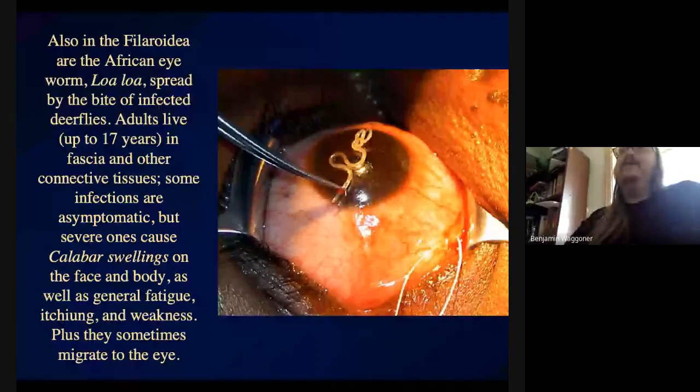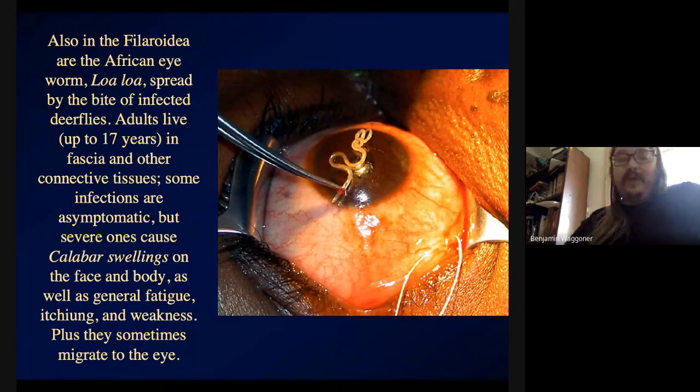Familiar if you've ever sliced up raw meat or something like that. Severe infections cause swellings on the face and the body called Calabar swellings. And the really horrifying thing is that sometimes they migrate to the eye. So there you can see one being surgically removed.